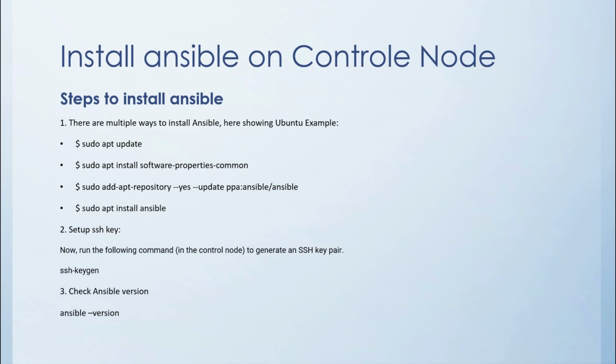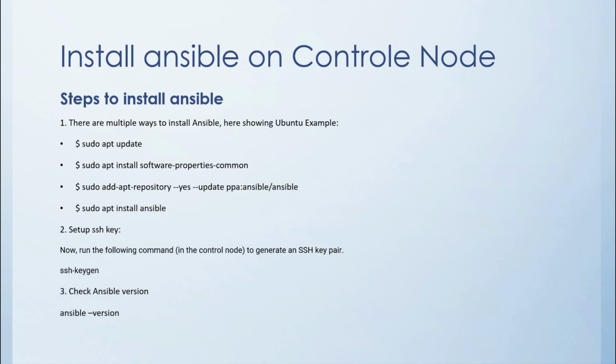Then you can use Ansible. You just specify your public key and you can log in. Your public key should be whitelisted on the managed nodes. Then you can run all the Ansible playbooks using your control node.